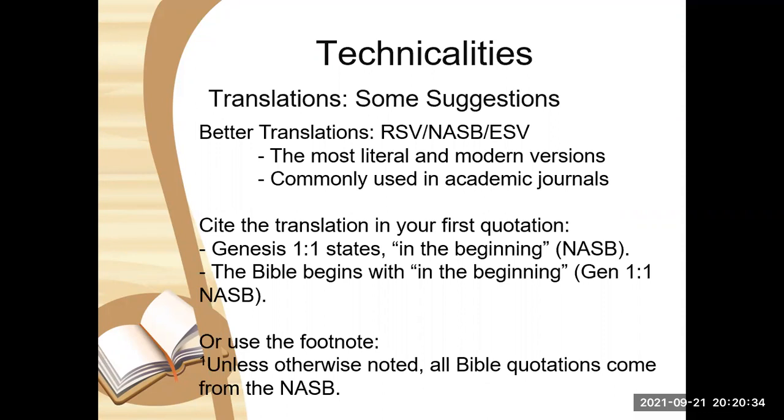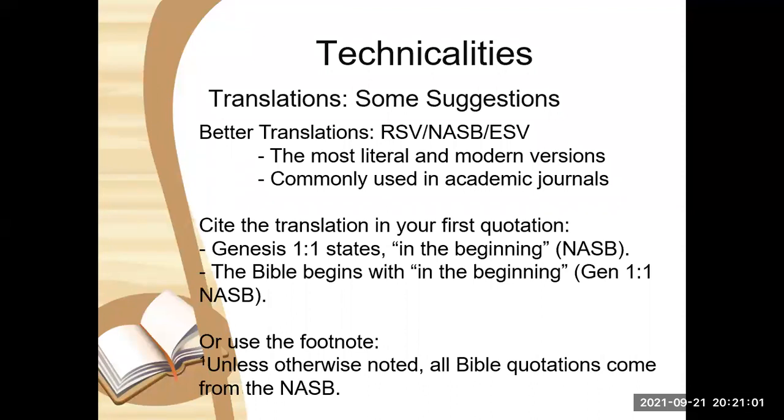You will see these used a lot in academics, and I would recommend that we all use them in our academic writing here because it tells you fairly precisely what is happening in the Hebrew and Greek. I can put up one of those English translations next to my Hebrew text or my Greek text and almost be able to match up the words in most places.